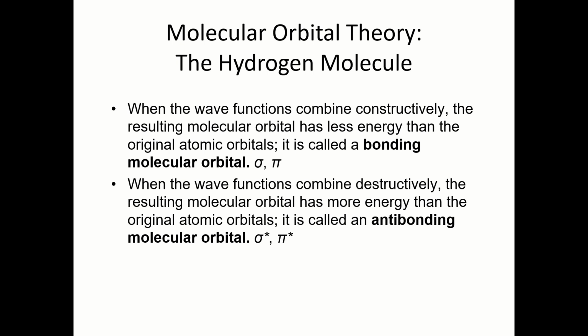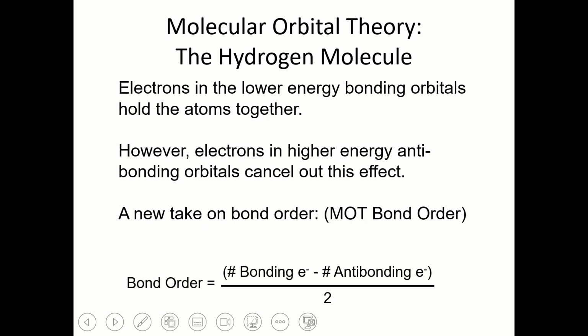Bonding orbitals come from constructive interference, and we're going to have sigma and pi bonding molecular orbitals. The anti-bonding orbitals come from destructive interference, and so they're going to have more energy, and those are represented again by the star or the asterisk next to the symbol.